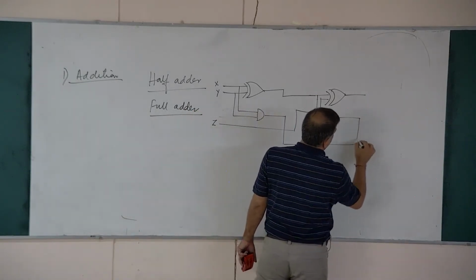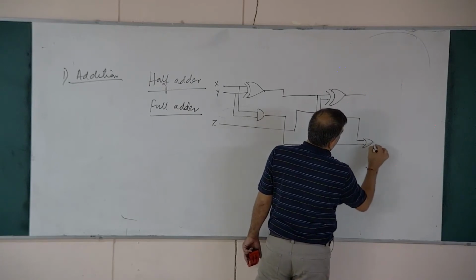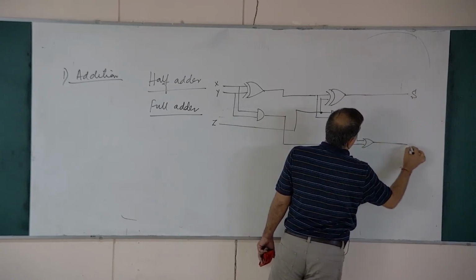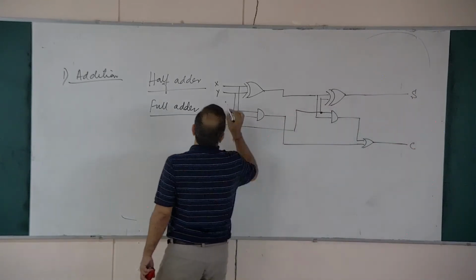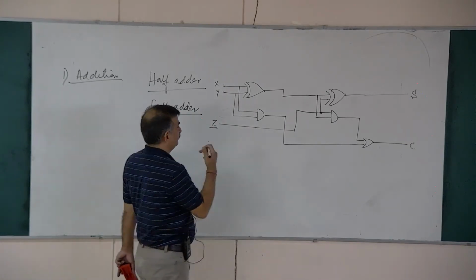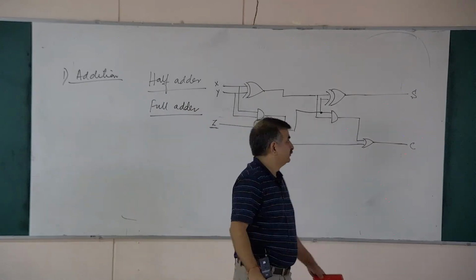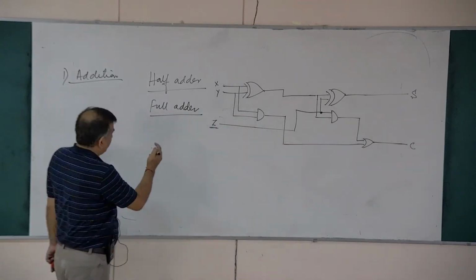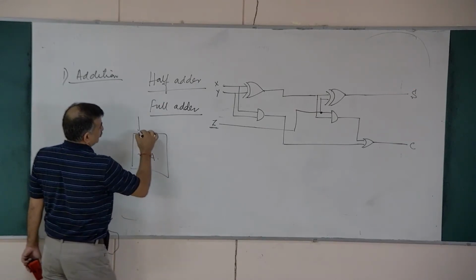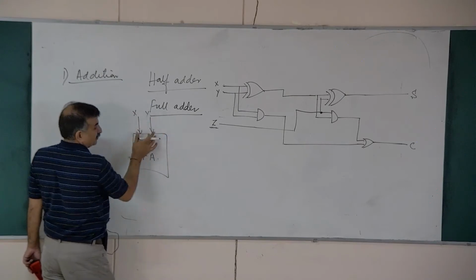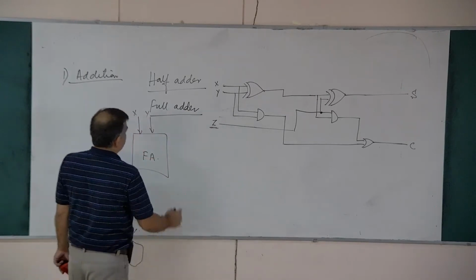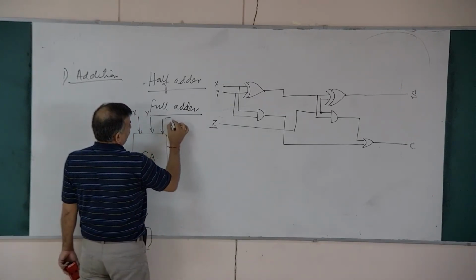One is this, another is this, and if I use an OR circuit here, this becomes my sum, this becomes my carry, and these are all the inputs: two inputs and the previous carry input. So now my circuit has been modified, and I have a full adder available. A full adder has two inputs X and Y, which can perform addition for two 1-bit numbers only, but it has an input Z, which is the carry input.